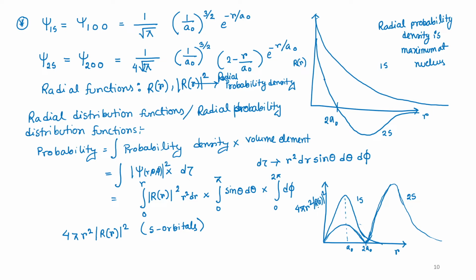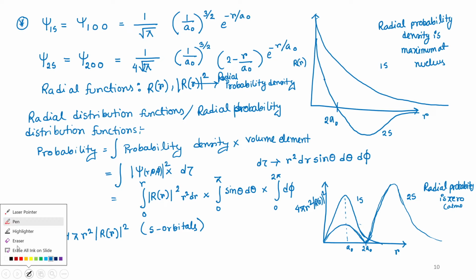See, at r equals 0, this product will be 0. So your radial probability, which is not different from your probability density, is almost 0, or close to 0, at the nucleus.